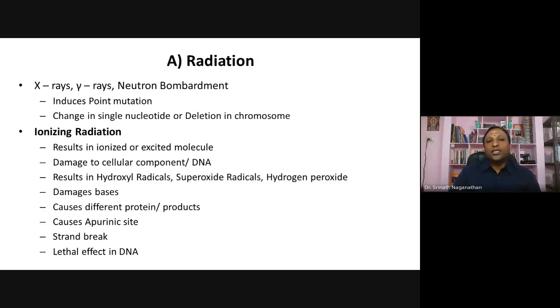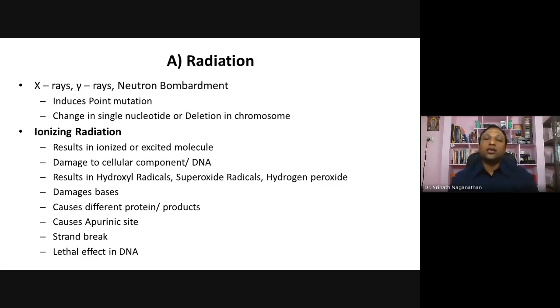So ionizing radiation results in ionized or excited molecules, from the normal level to a higher level, and damages the cellular components or DNA, resulting in hydroxyl radicals, superoxide radicals, and hydrogen peroxides. Then it damages the bases, causes different products, and causes an apurinic site.